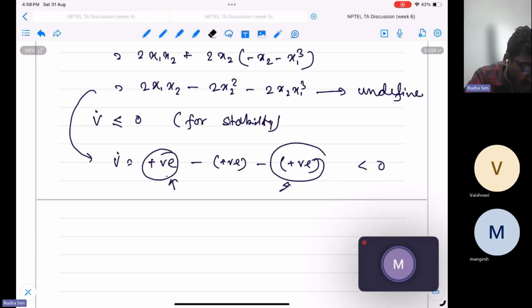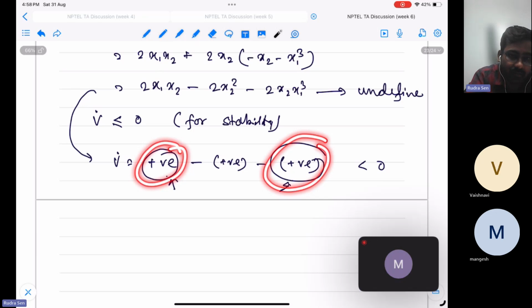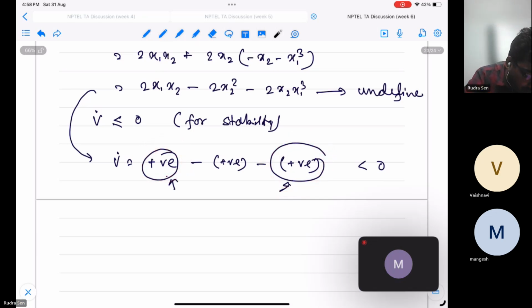If the first term is greater than this term, that means greater than 0. It's not simply greater than, because it has to be like this. Let's say I write the terms down as t1 minus t2 minus t3.